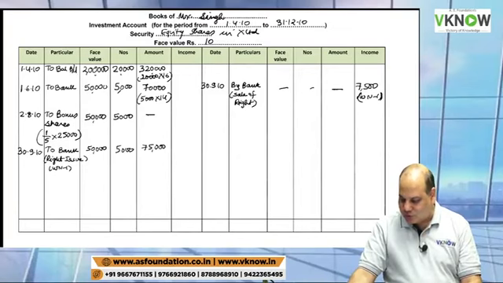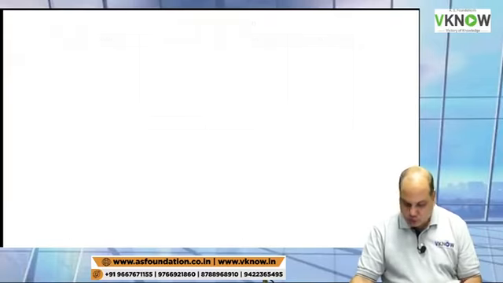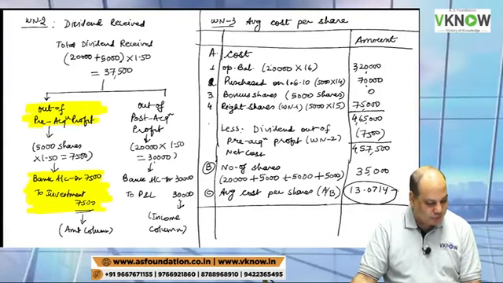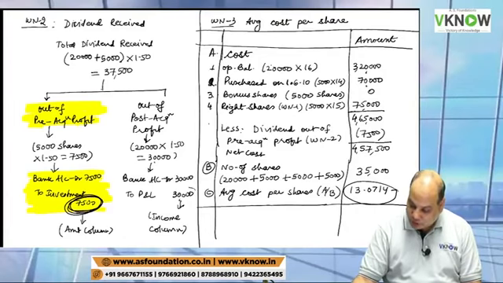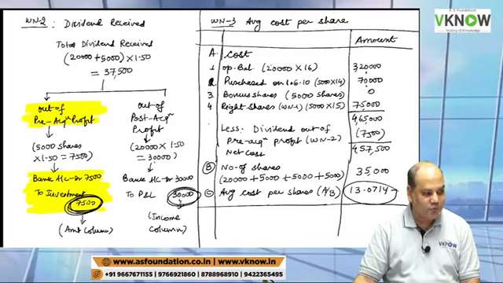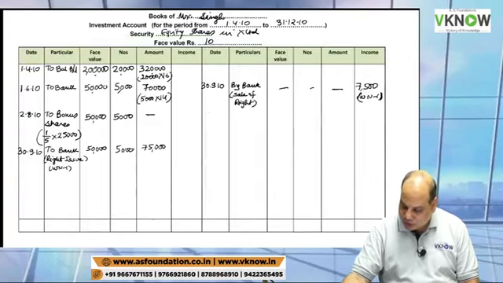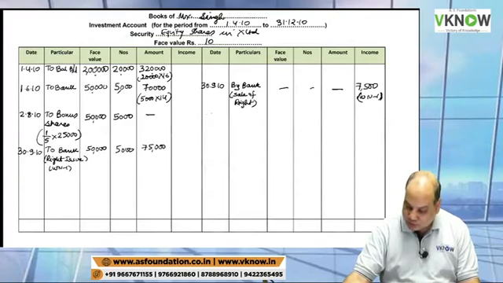Now what is the next issue? Dividend. For dividend we have to go to working note number 2. 7,500 on the left side is out of pre-acquisition and 30,000 is out of post. Dividend was received on 20th October.